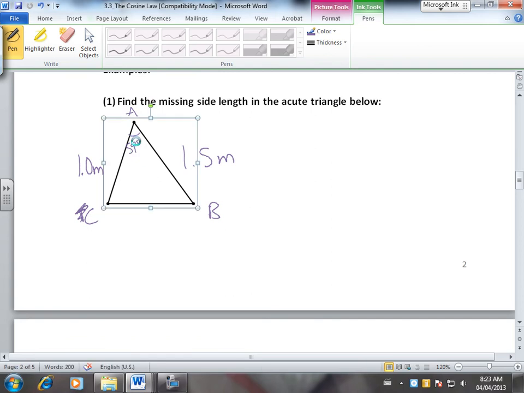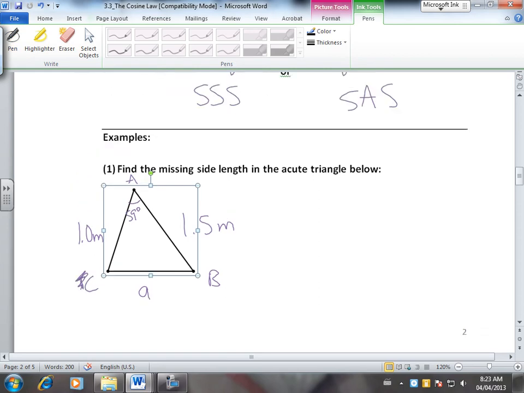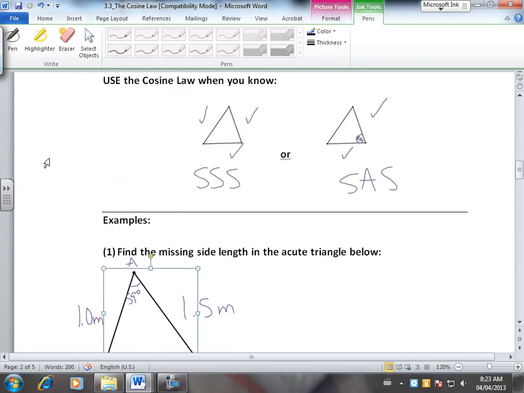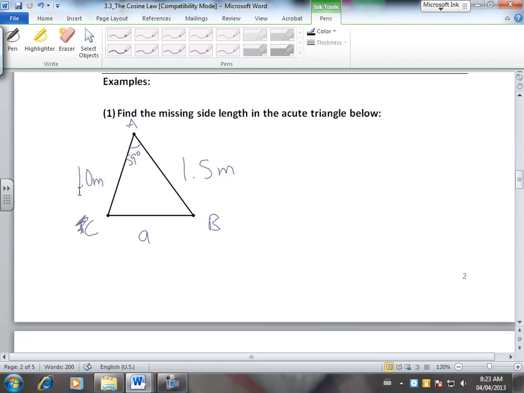We want to find the missing side, so this would be side A. Then I look at my rules again. I need side, side, side, or side, angle, side. I have side, angle, side, so I can use cosine law.